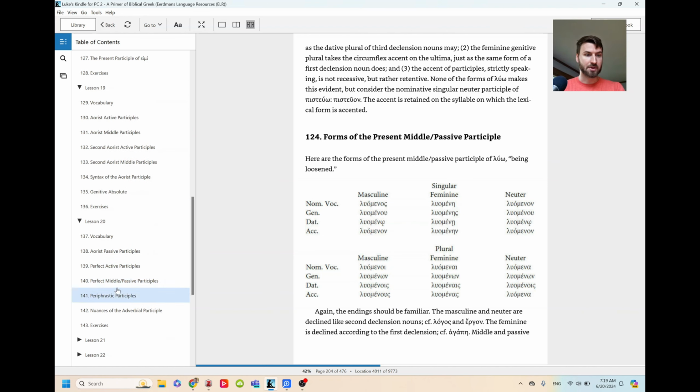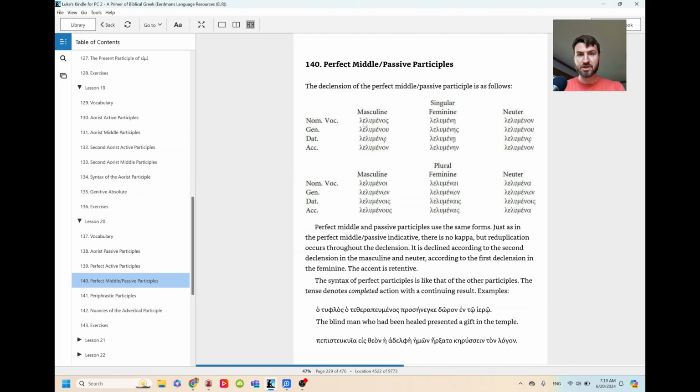Going back down to the perfect, we just have lumenos. There's no o there. There's no connecting vowel. So you just get reduplication and then the ending slapped right onto the stem without the connecting vowel in the middle passive.